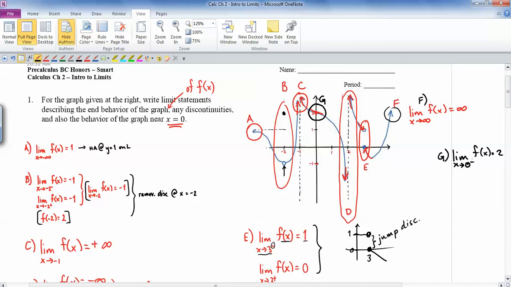And we also get it from the right side, and since it's both, we can just say as x goes to 0. And then if I actually cared about what happened at 0, I'd get 2 as well.